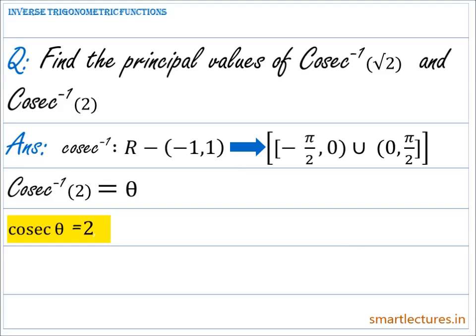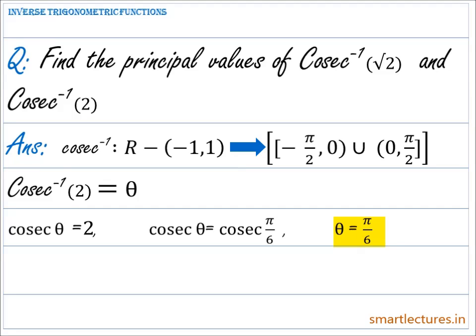And from the trigonometric tables, you know it very well that if cosecant theta is equal to 2, then the angle is 30 degrees or pi upon 6. So we can write cosecant theta is equal to cosecant of pi upon 6, and from this equation it is quite clear theta is equal to pi upon 6.